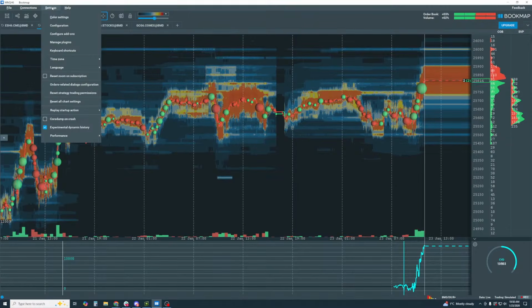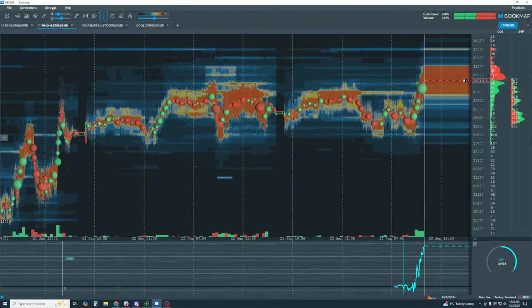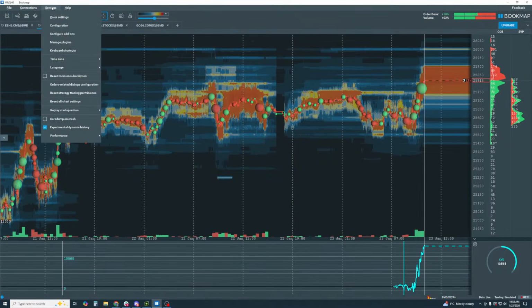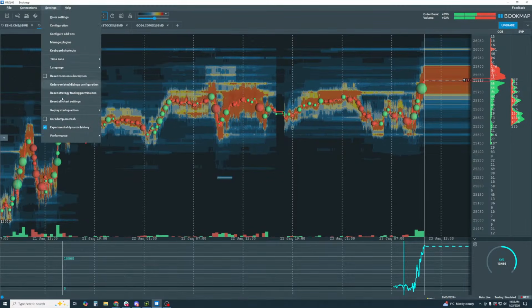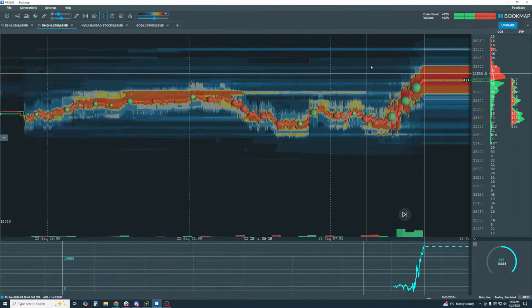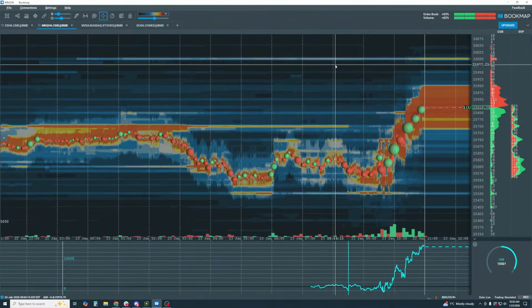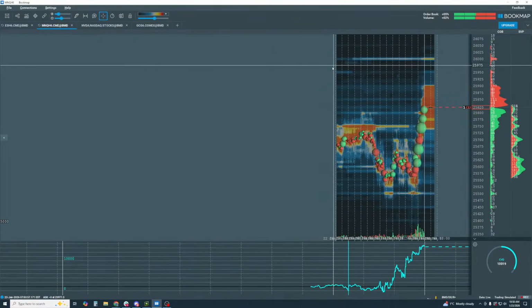I believe it works in 7.6, but it's probably better to get the beta version 7.7. And it only works on a few instruments, the ES, the NQ, and I believe the Russell. Okay, and then you'll need to check the box here for experimental dynamic history. Okay, and then you should be able to zoom out.